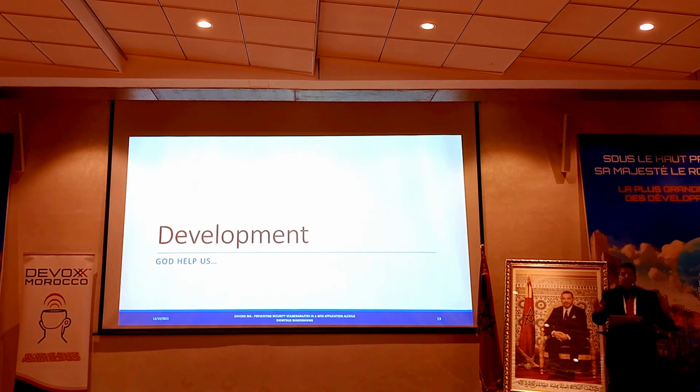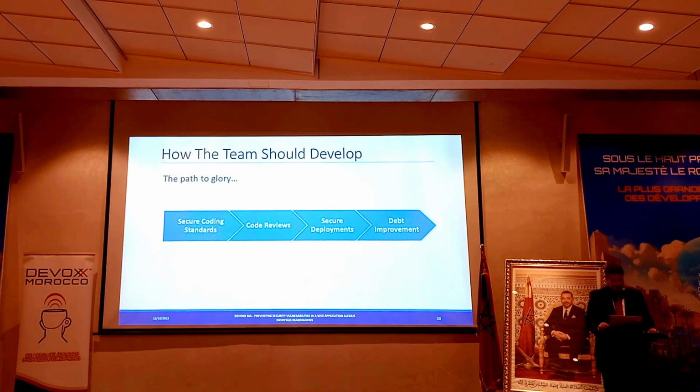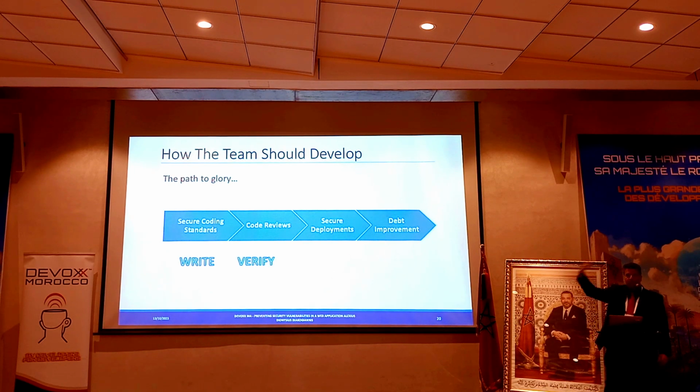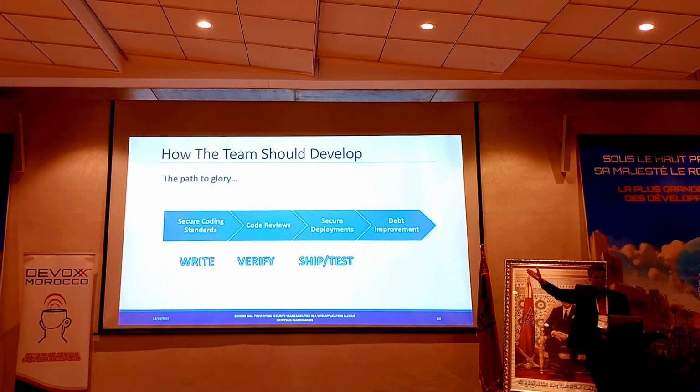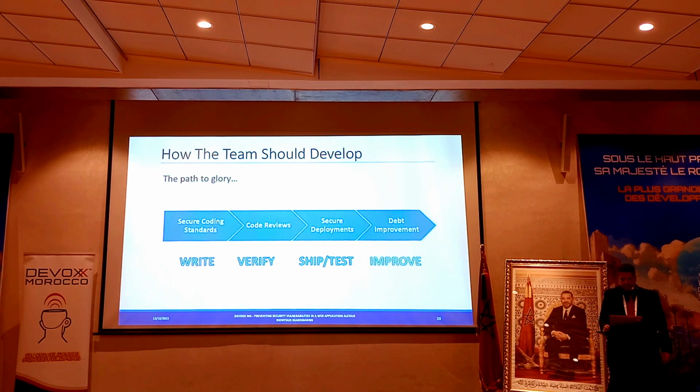Now, development. The path to glory is this. You write using secure coding standards. You verify what you've written with code reviews and other practices that I'm going to show you. You test the application, and in the end, you improve your effort.